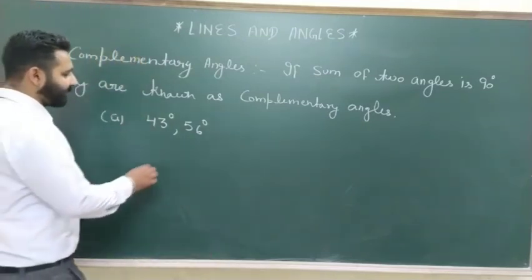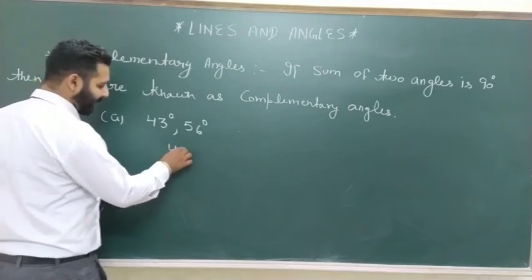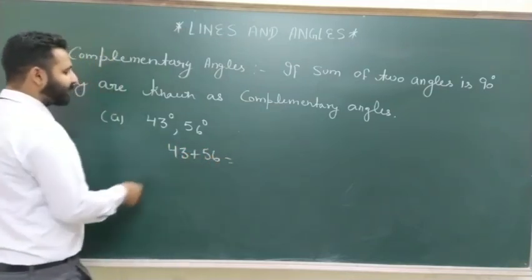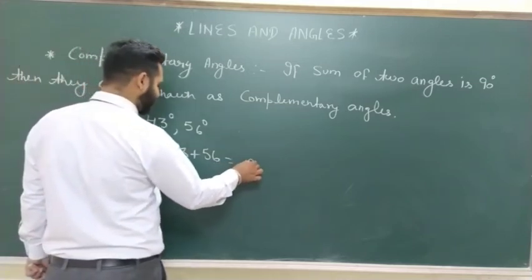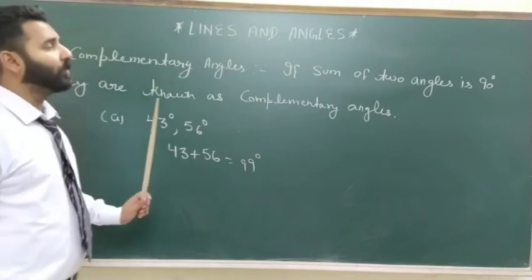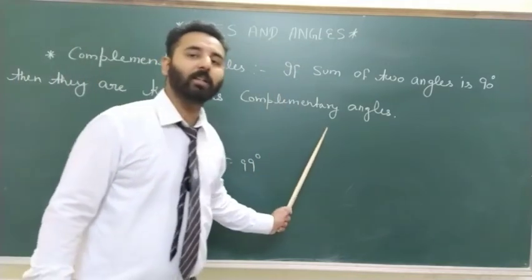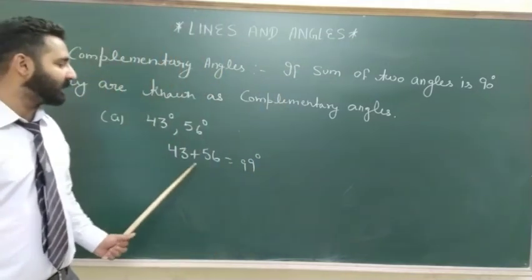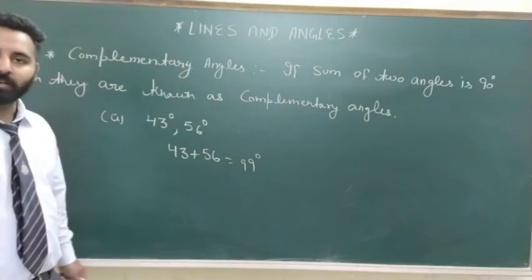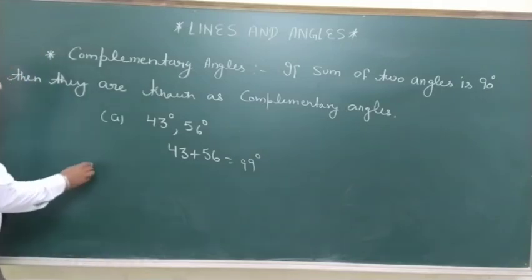For checking, what we will do is add them. When you add 43 and 56, you will get 99. Now we know in the case of complementary angles, the sum of the angles should be 90 degrees. But here I have 99 degrees. So what answer will I give?